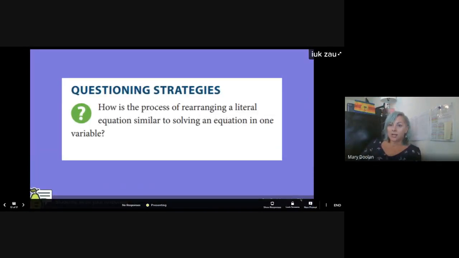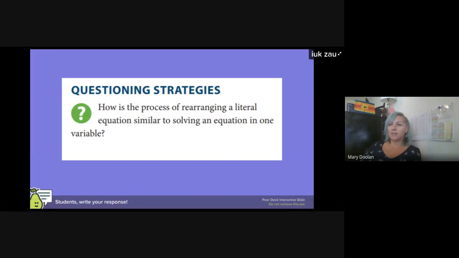So here's another interactive slide for you. How is the process of rearranging a literal equation, what we just were working with, the example we just went over, that's a literal equation. It has 2 or more variables.